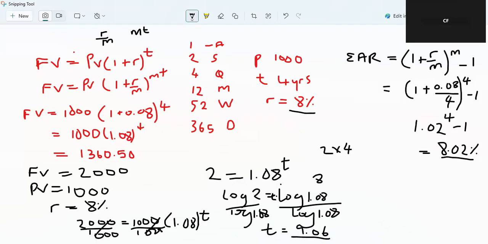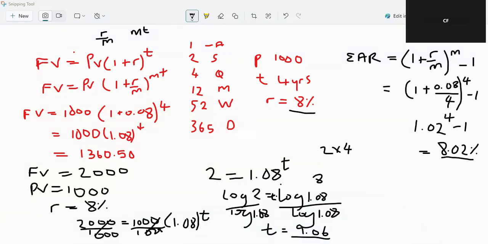Sorry, I missed it there. How do we calculate the log on the calculator? You press log 2. The log is just above the AC button there. Log 2 over log 1.08.